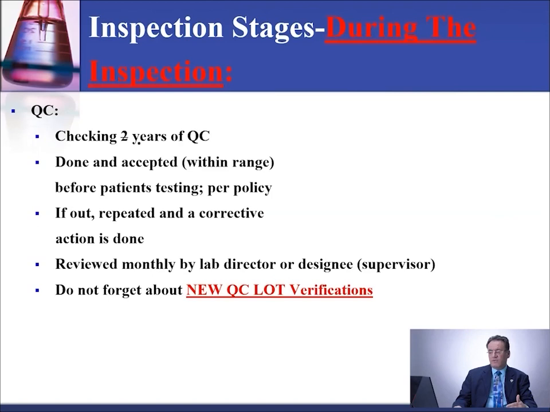They want to know that the QC is done and accepted within the range before patient testing or per your policy. Okay, if the QC is out, repeated, and a corrective action is done, reviewed monthly by the lab director or a designee like the supervisor.